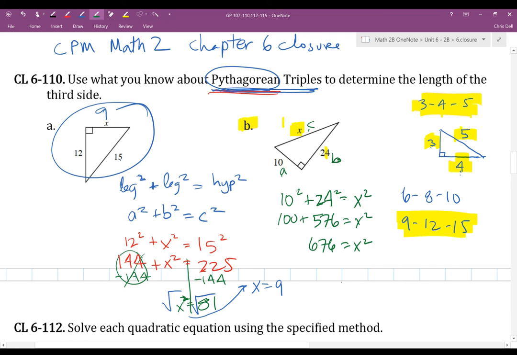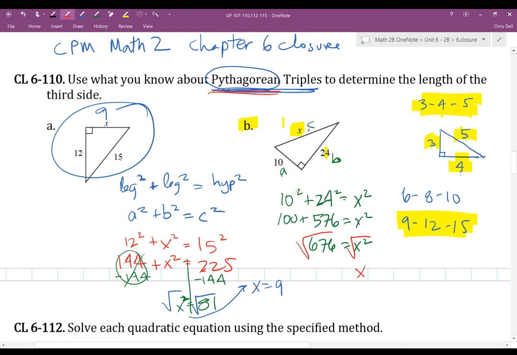Once again, I'm going to use my calculator to determine the square root, because we're trying to figure out what x is. To figure out x, I have to do the inverse of squaring, which is the square root. So I square root both sides.